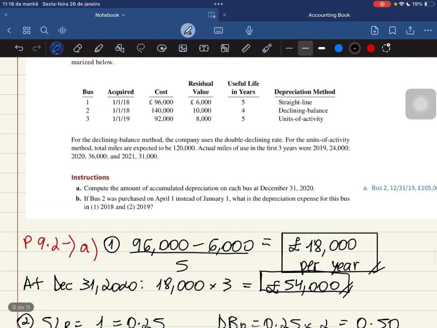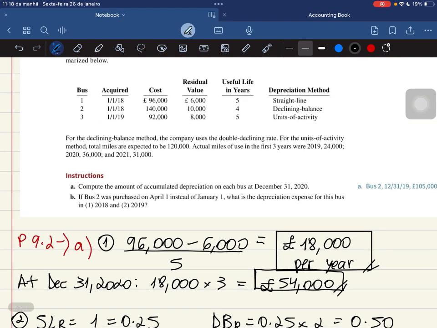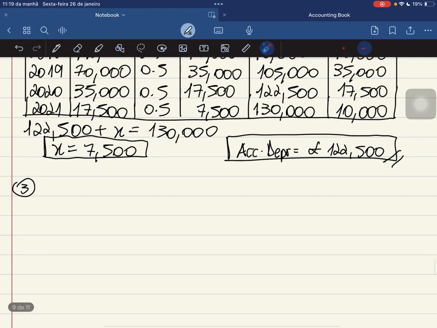Okay, then let's take a look at bus number 3. Bus number 3 uses the units of activity method, so this is easier than declining balance. It's just going to be the cost minus the residual value divided by the total number of units that could be used, in this case miles, times whatever amount they used in 2019 and 2020.